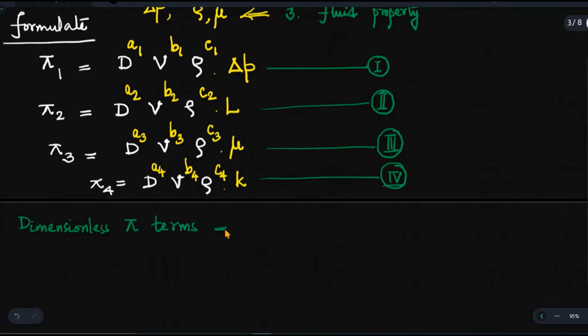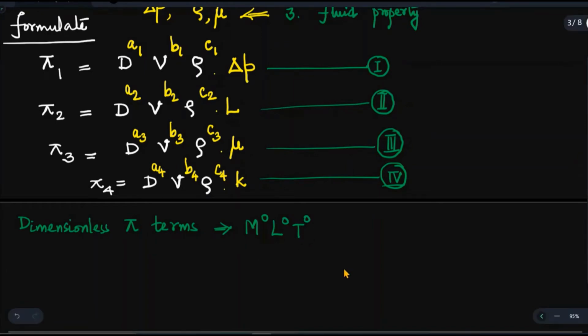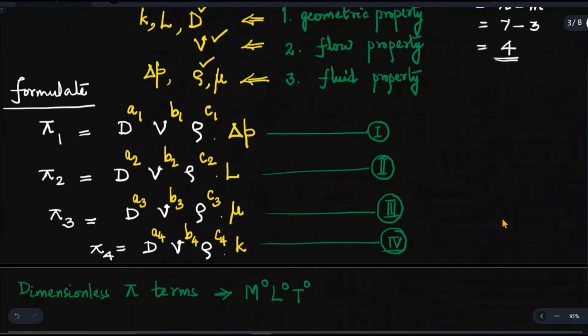So when you represent it, how do you write now? M raised to 0, L raised to 0, T raised to 0, and if temperature is involved, theta raised to 0. Here that will not happen, because we know that the temperature is not involved in this. So the number of fundamental dimensions required in this problem is just 3. So small m is equal to 3.